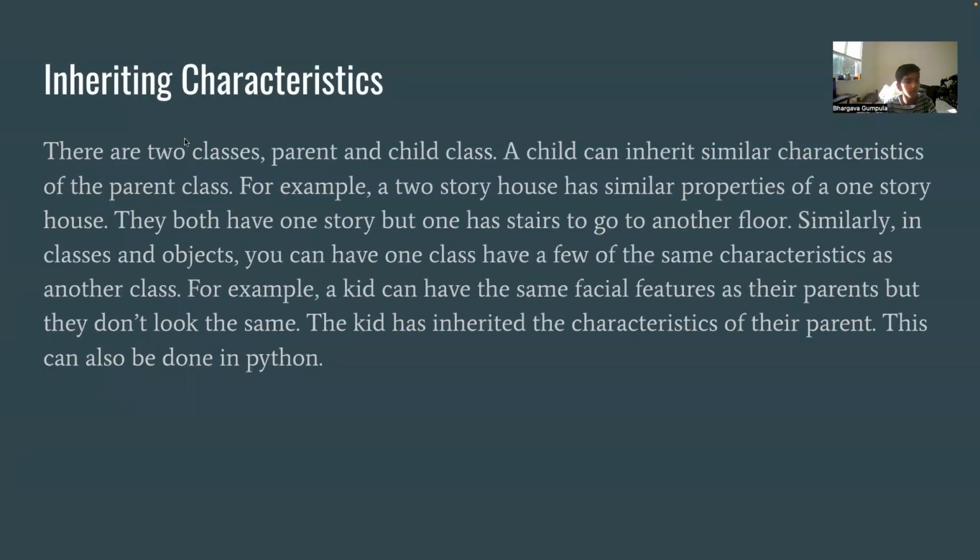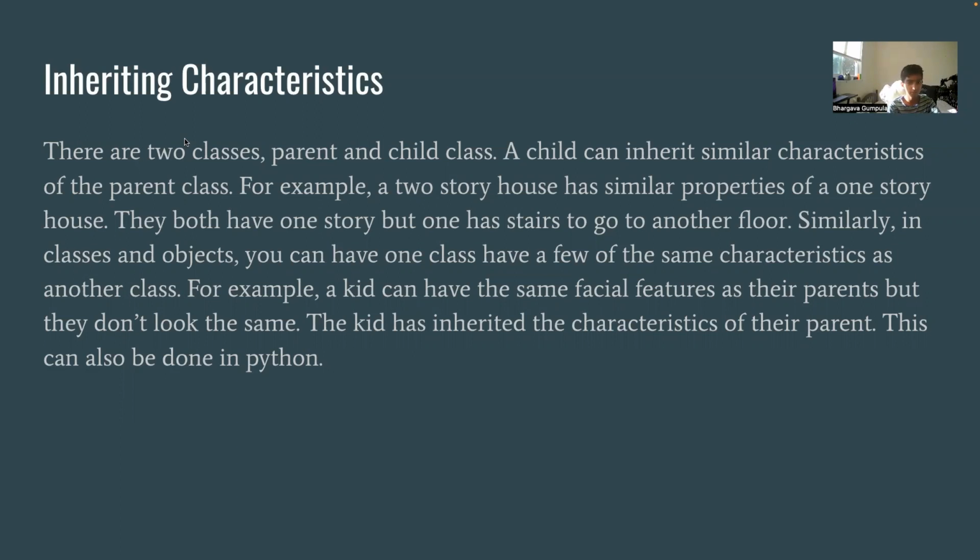Now we have inheriting characteristics. There are two types of classes, a parent class and a child class. A child can inherit similar characteristics of the parent class. For example, a two-story house has similar properties of a one-story house.